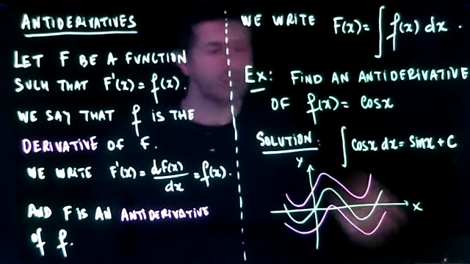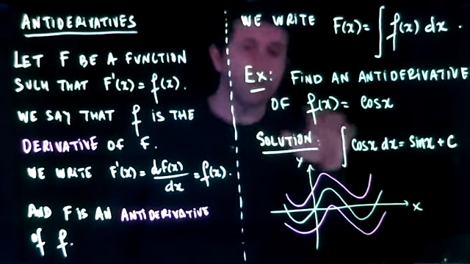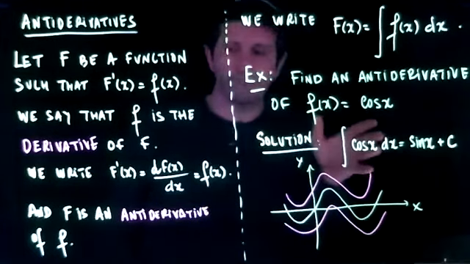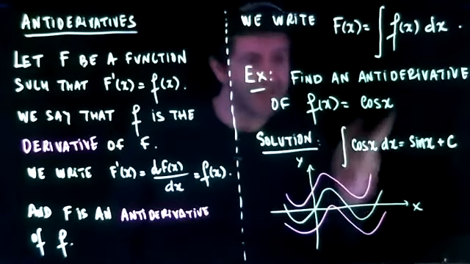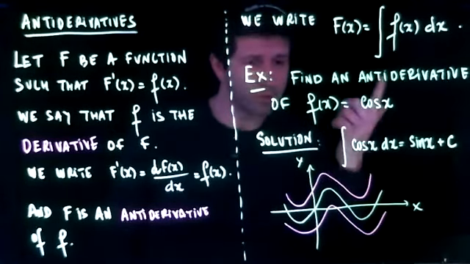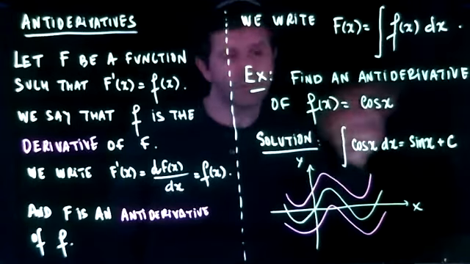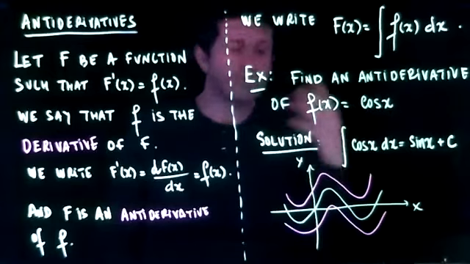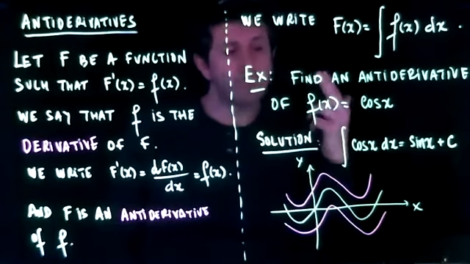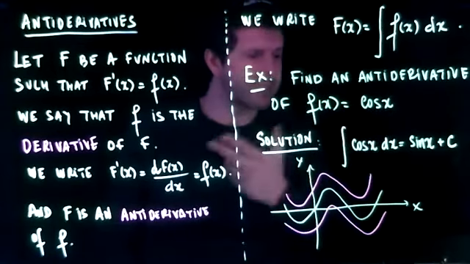Okay. So at this point, now that you understand the idea, what the game is, it's a little game. Can you guess what I should derive to get cos x? I'm going to give you a few more. It's like a little riddle. I just have to refresh your memory on all the derivatives that we did last semester.